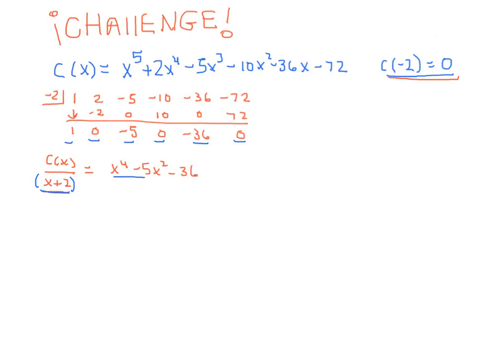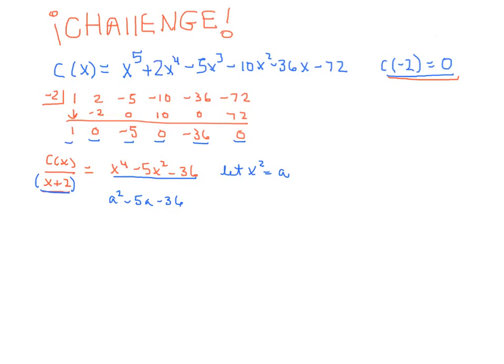That's what we have. Can you factor that? Can you factor it maybe if you let x squared be a? Then you would have a squared minus 5a minus 36. Does that factor?